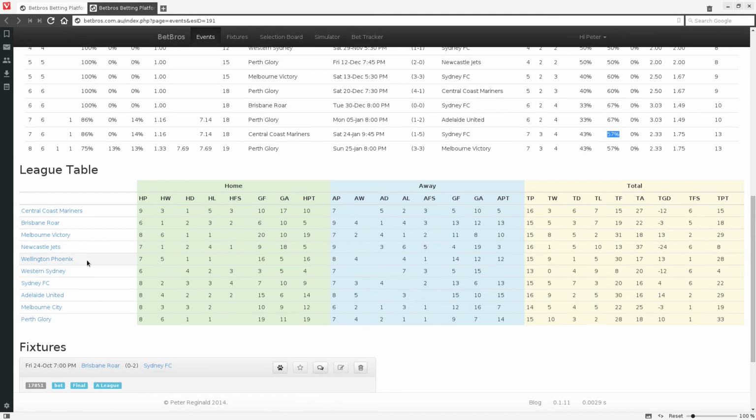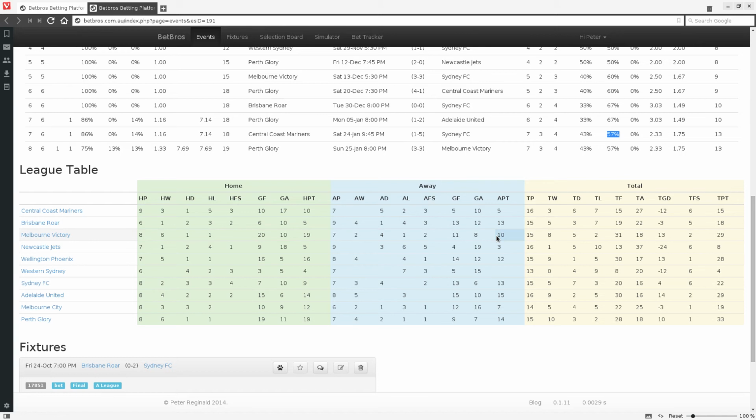Now, where's Melbourne Victory? Melbourne Victory is 29. So, look at that. They're 29 points total. They're currently at 10 points earned at away matches.